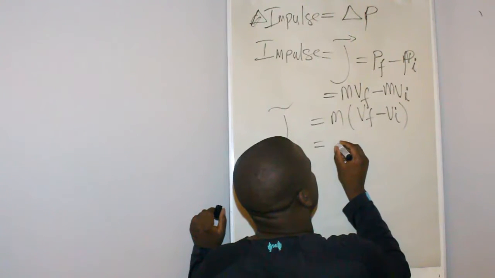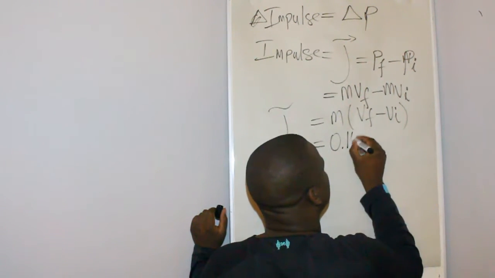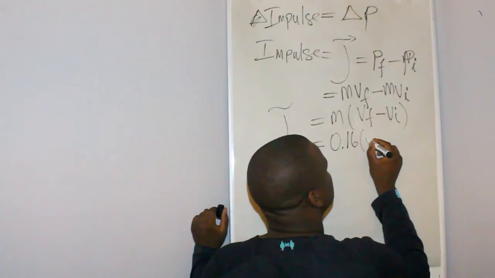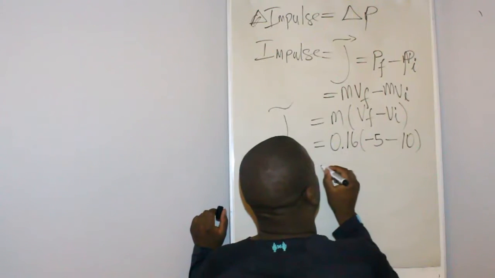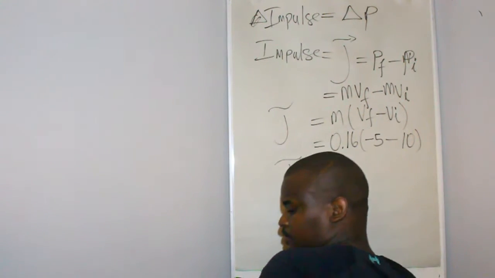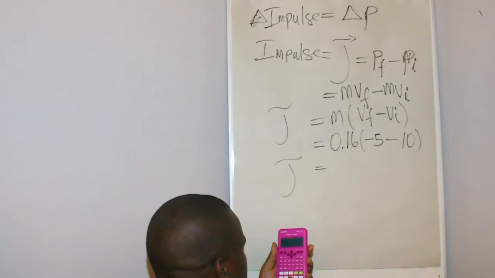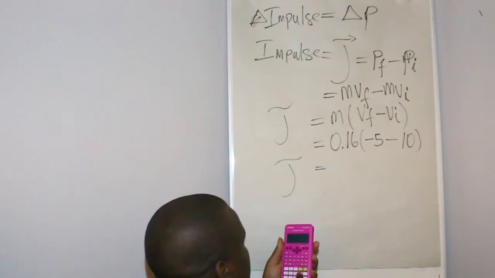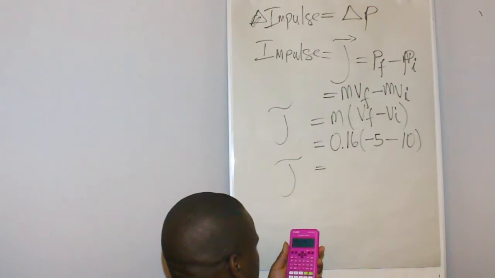The mass of P was 0.16 times final velocity, which was -5, minus initial velocity, that was 10. So the impulse is 0.16 into -5 minus 10.